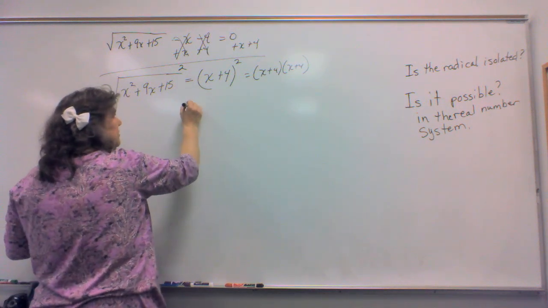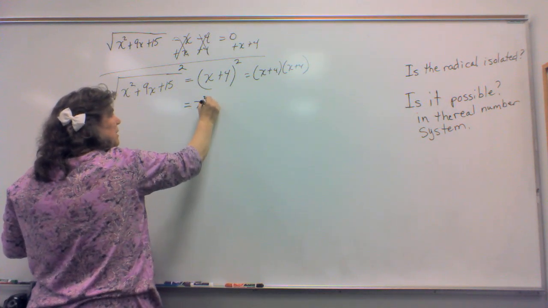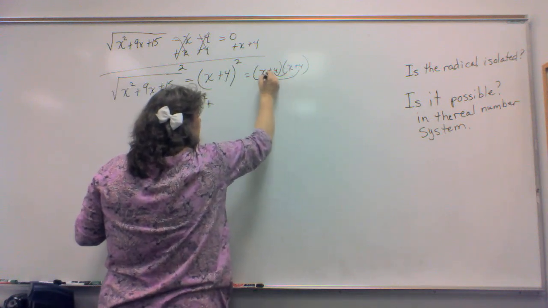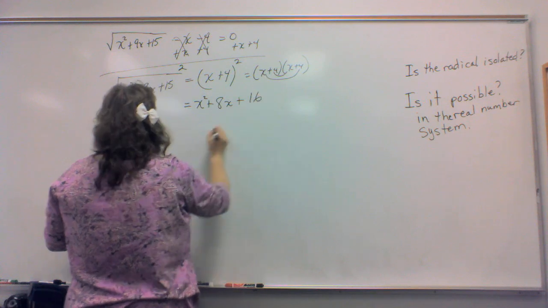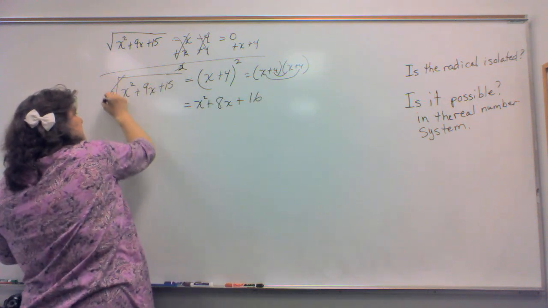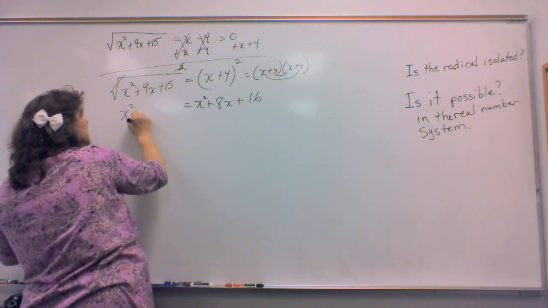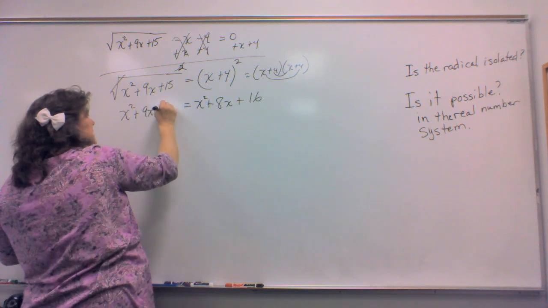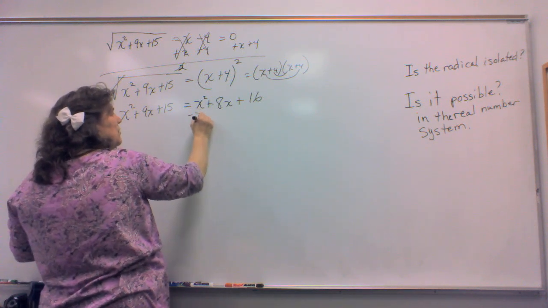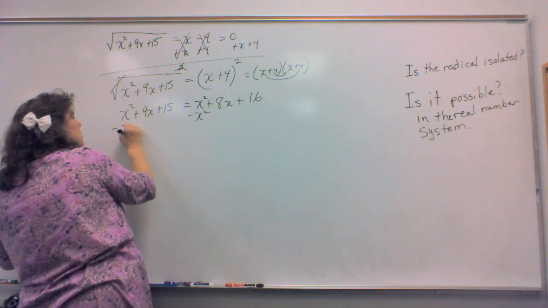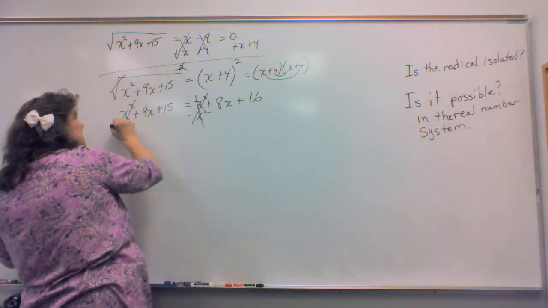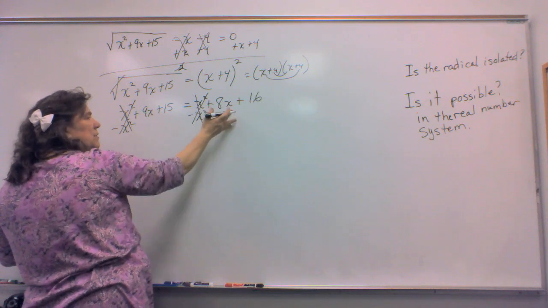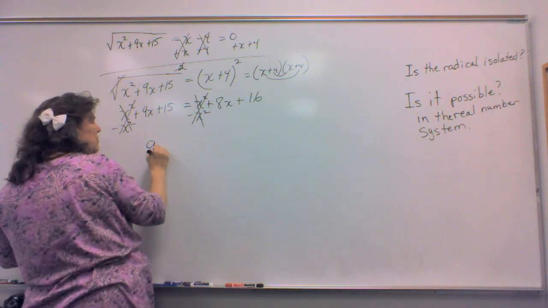So this is going to equal x squared plus 4x plus 4x is 8x, and 4 times 4 is 16, and this undoes that, leaving x squared plus 9x plus 15. Look what happens when you try to move it all to one side. Let's start with that x squared. That's canceled, that's canceled. So we don't want to continue on since our x squareds are gone.